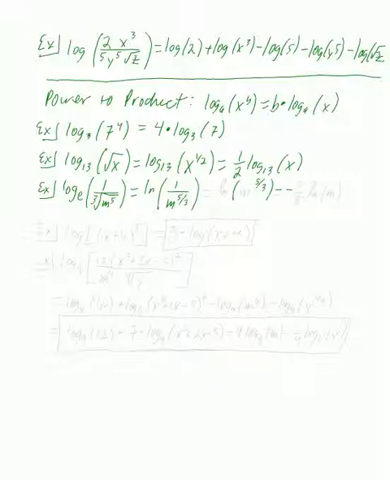You should recall these exponent rules from a previous chapter. This becomes the natural log of m to the negative 5/3 power. That's one of our exponent rules. If we move it from the denominator to the numerator, it changes the sign of the exponent.